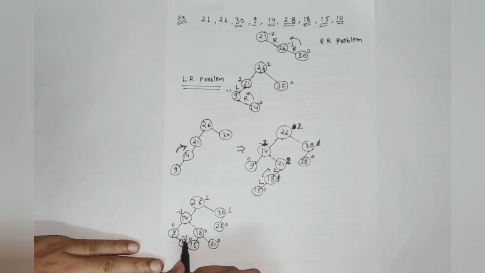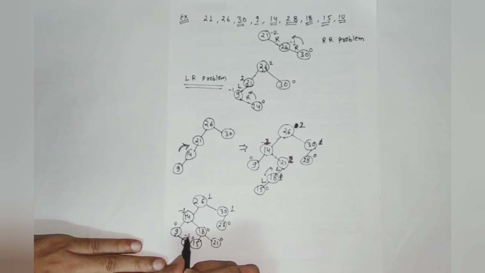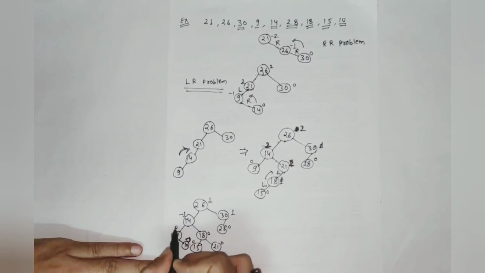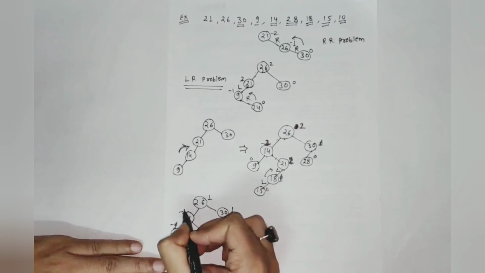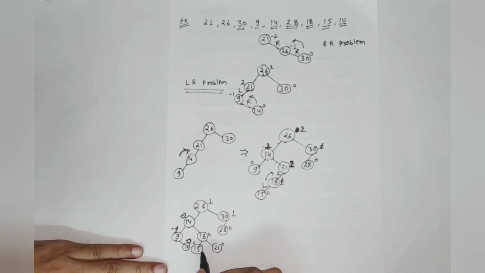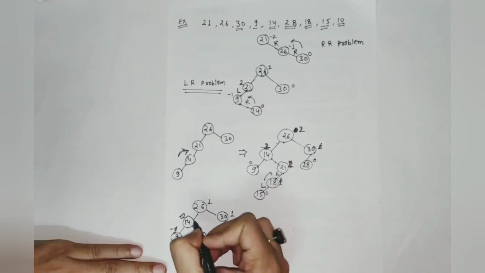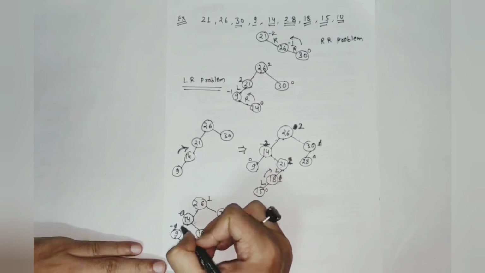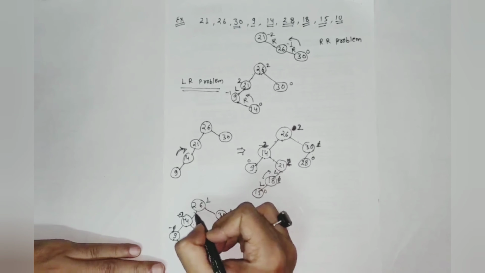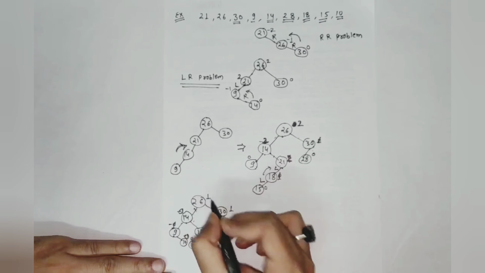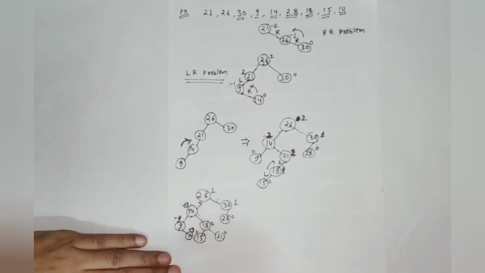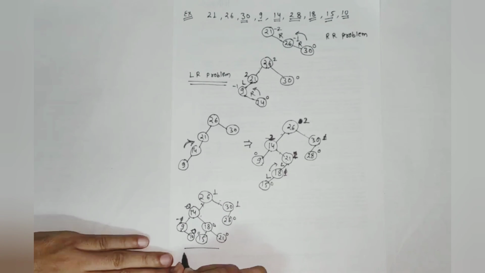For this node minus 1, for this node, sorry, for this node it will be 0, for this node minus 1, for this node 1 2 1 2, so it will be 0. So for this node 0, for this node 0, this node 0, and for this node 1 2 3, or we can check height 1 2 3. So 3 minus 2, so it is 1 only, and it is 1 and it is 0. So our final AVL tree is this.